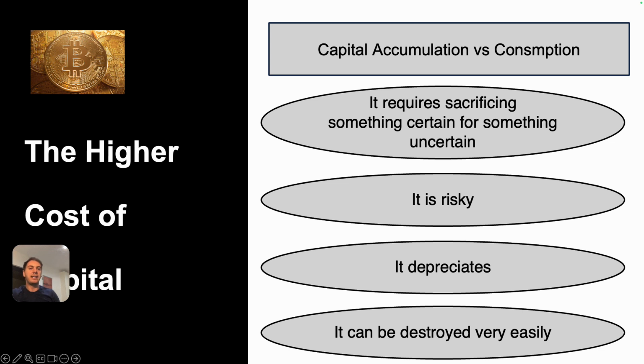The denigration and vilification of capital ownership by Keynesians and Marxists, and their inability to understand the cost needed for capital accumulation, has meant that governments under the influence of these ideologies have too often attempted to finance investment without pre-existing savings.